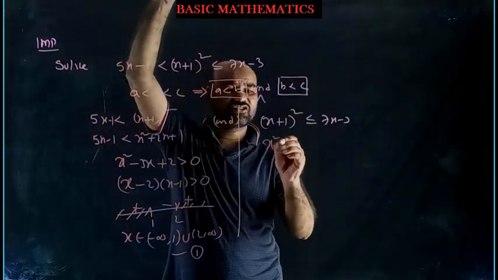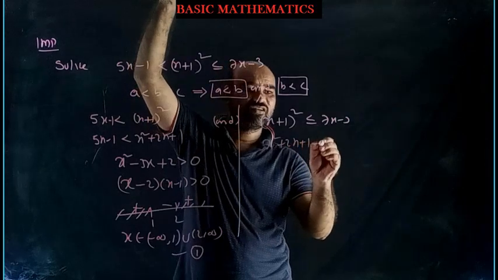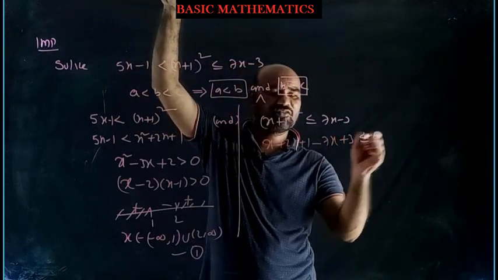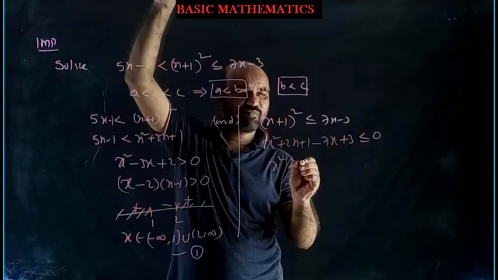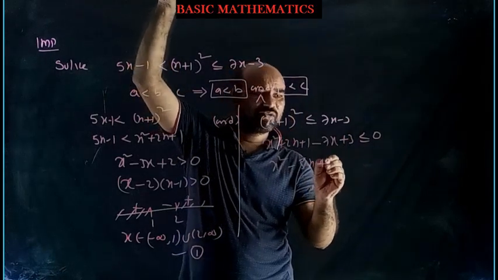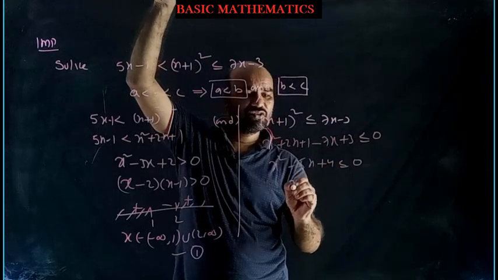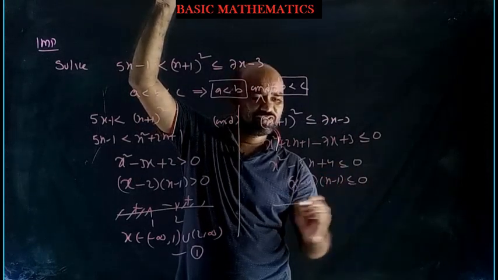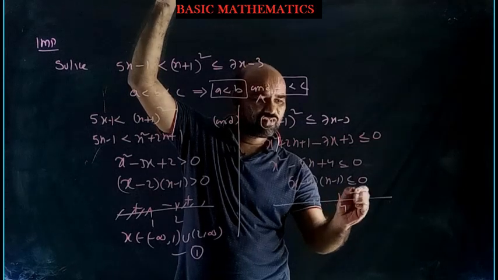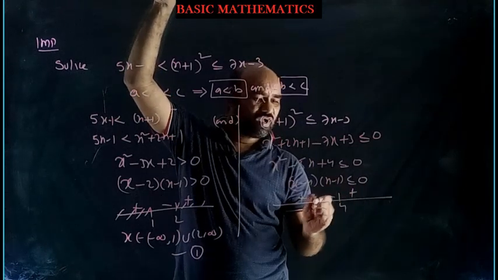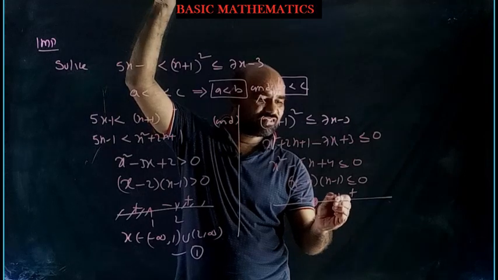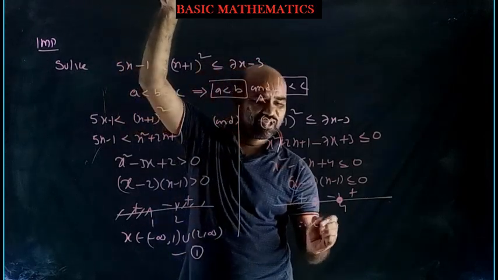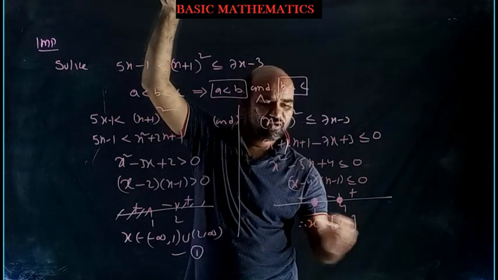So this is x square plus 2x plus 1 minus 7x plus 3 less than or equal to 0, or x square minus 5x plus 4 less than or equal to 0, or x minus 4 into x minus 1 less than or equal to 0. Number line 1, 4, plus minus plus. I want less than symbols, therefore x belongs to closed 1 to 4.